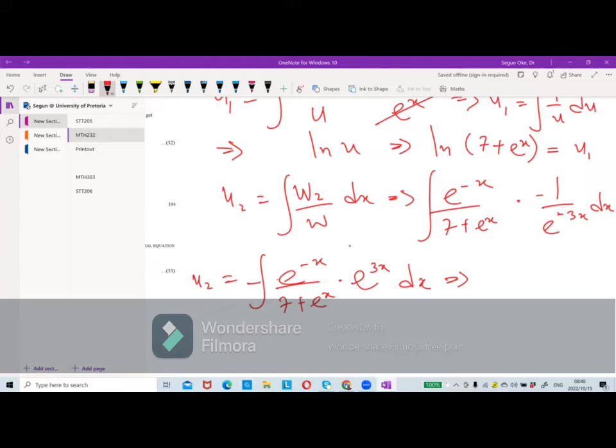Which is the same thing as minus integral exponential 2x over 7 plus exponential x dx.